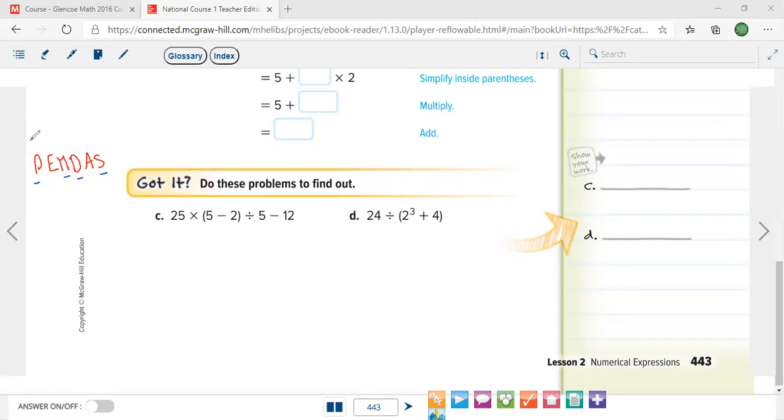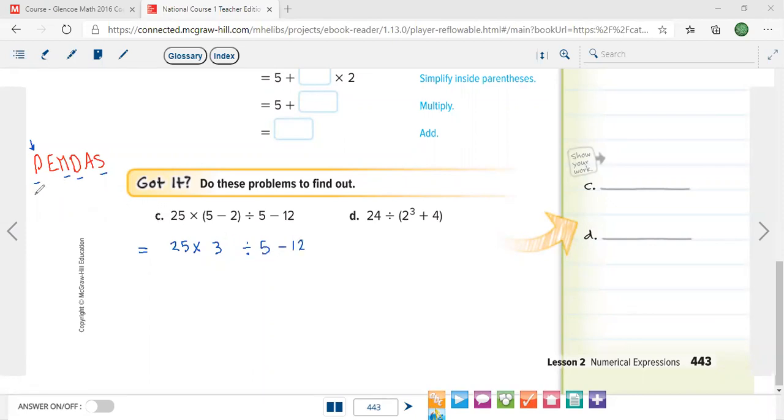So we must do parentheses first, means 5 minus 2. So you write equal sign, then you copy paste everything, and you start evaluating 5 minus 2. So this is 25, multiplication sign, 5 minus 2 is 3, division sign, 5 minus 12.